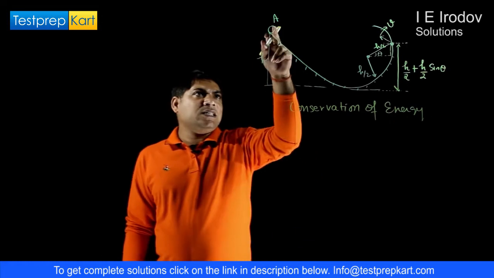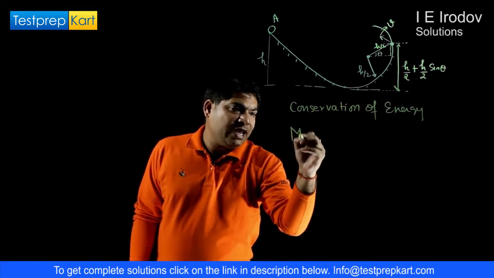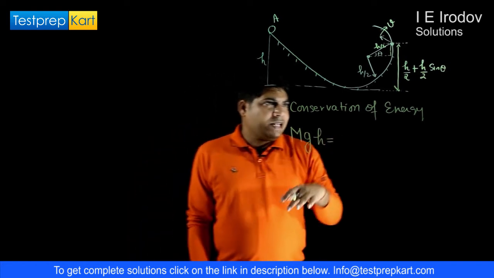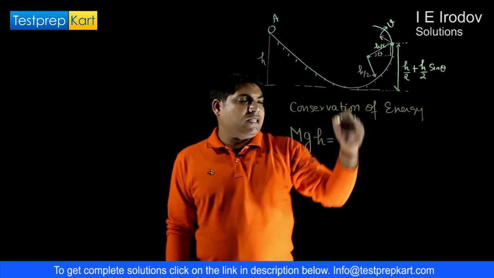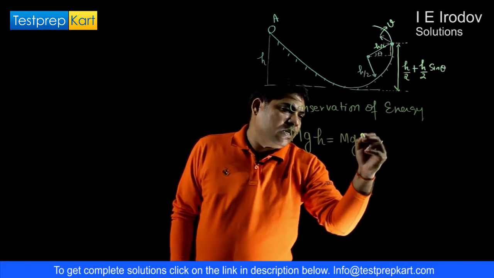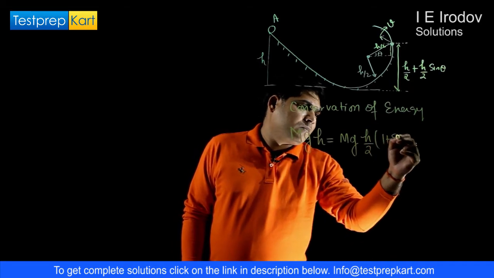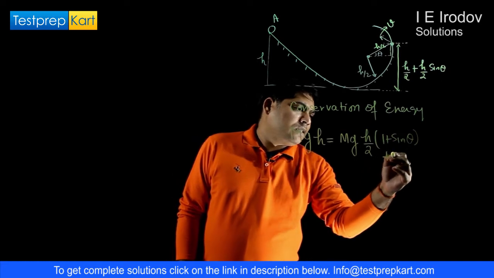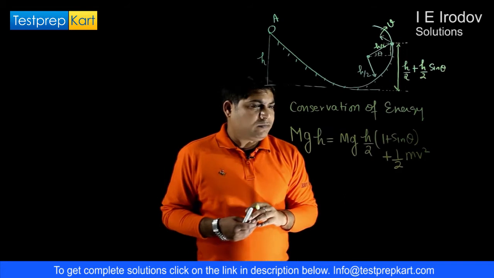So initial energy is a potential energy at this point, that is m into g into height of the object. That would be equal to potential energy plus kinetic energy at this point. So potential energy is mg h by 2 into (1 plus sine theta) plus half m v square.